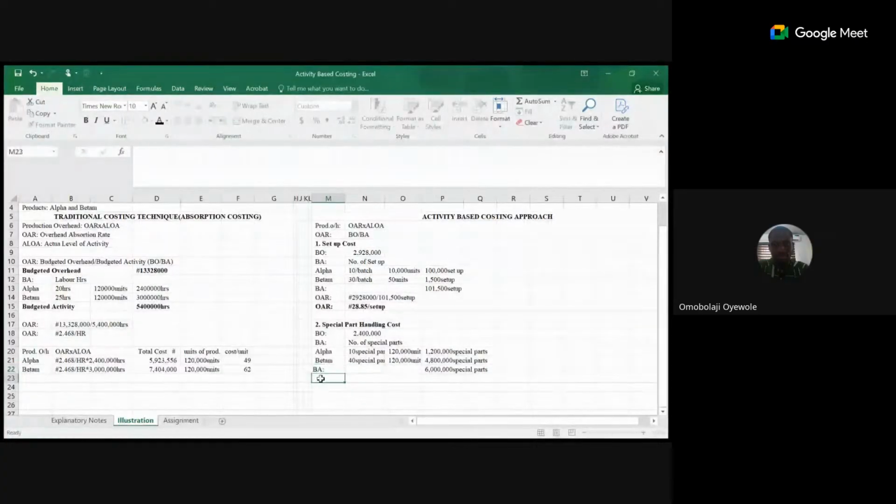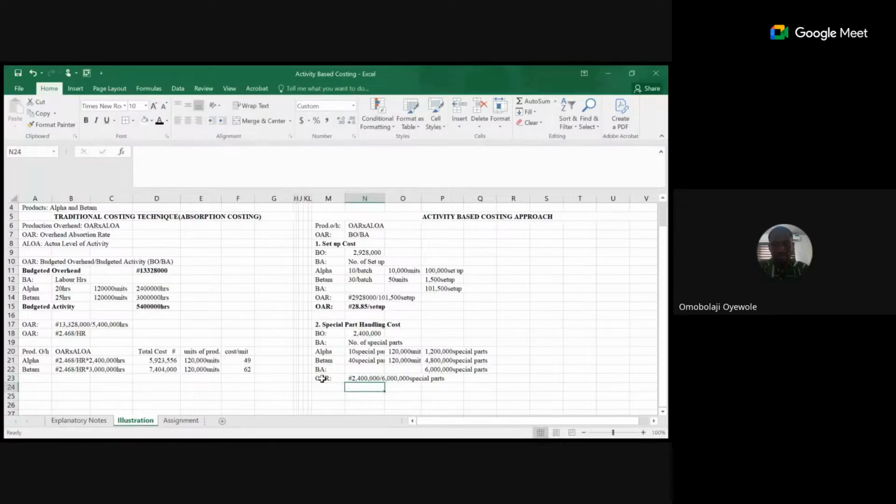Now, let's go to our OAR for special parts handling costs. What's our budgeted overhead? 2,400,000 divided by 6 million special parts.